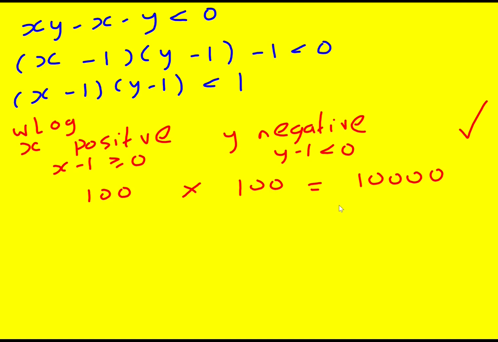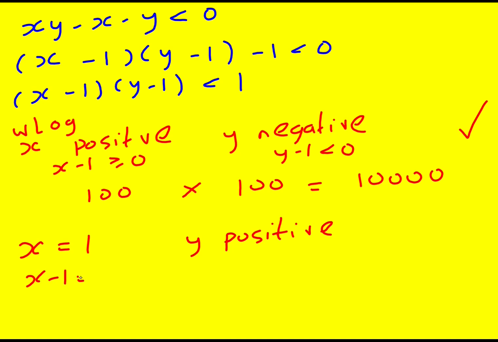So that was one positive and one negative. What about when they're both positive? The only way this can ever work is if x is equal to 1 and then y is positive. Again, without loss of generality, we could obviously consider it the other way around. It's only going to work when x is 1, because that will give us 0 here.